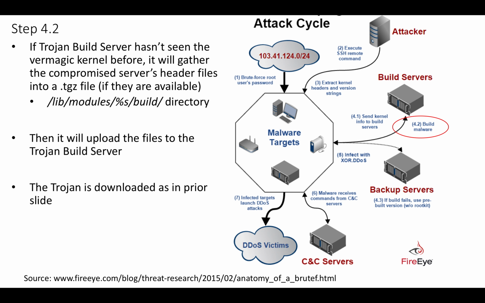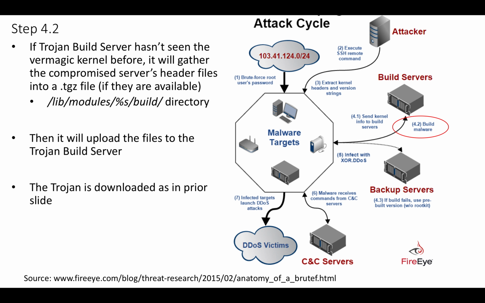If, on the other hand, the build server has not seen that vermagic kernel before, what it does is it tries to gather all of the header files on the compromised machine, and it's going to ask the build server to build a custom rootkit just for that.